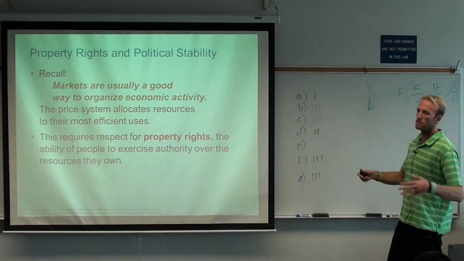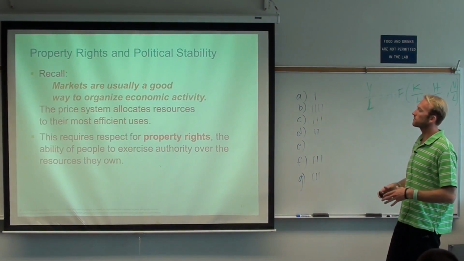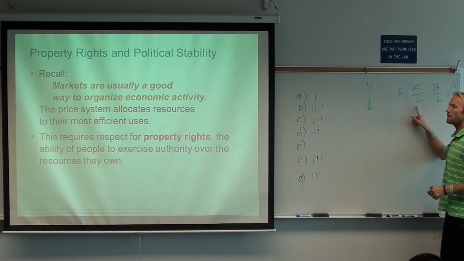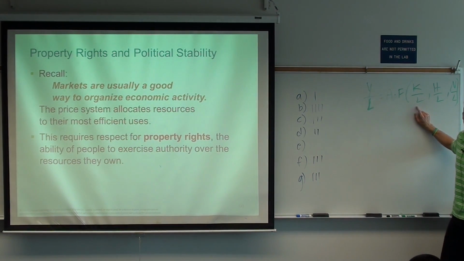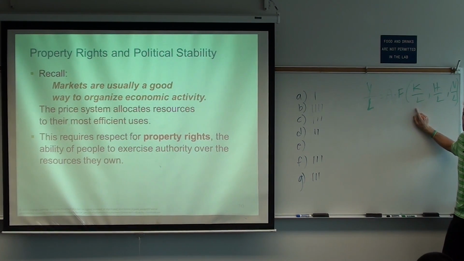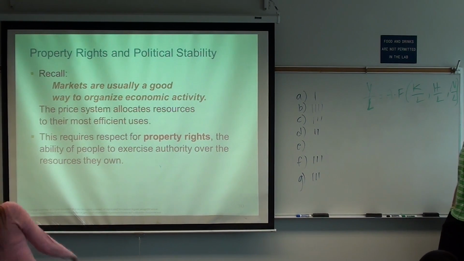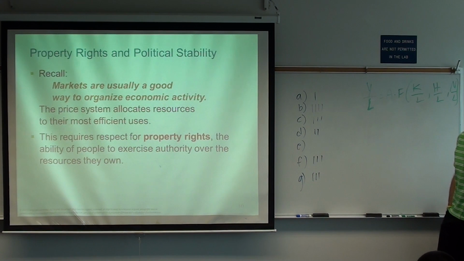And the ability of people to keep owning things, right? For example, as a company, I am not going to invest in new capital for my company and raise K over L if I'm afraid that someone's going to steal it, right? Or if I'm afraid that somebody is going to come and take it, or the government is going to say it's not mine or something like that.